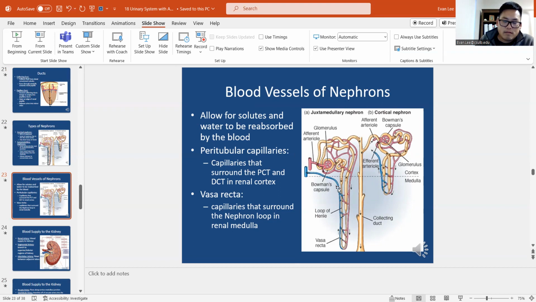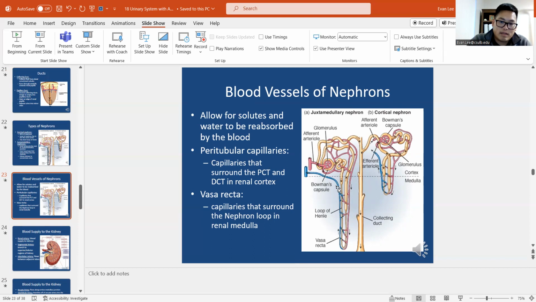So when we talk about reabsorption, we talk about stuff being taken out from the filtrate, but where does that stuff go? Most stuff that's traveling in the body is going to go through blood vessels, and this is no exception. So if you imagine you have blood vessels surrounding the nephrons, and any type of absorption or exchange, hopefully we know what type of blood vessels those will be.